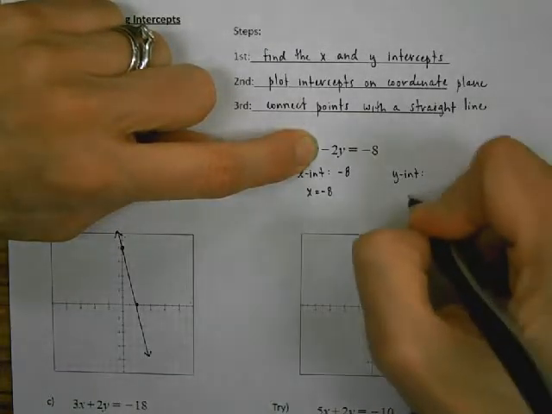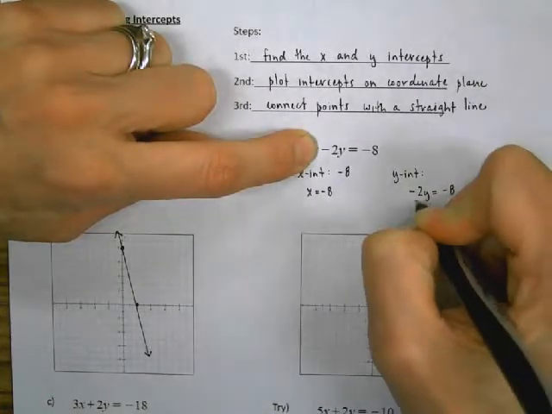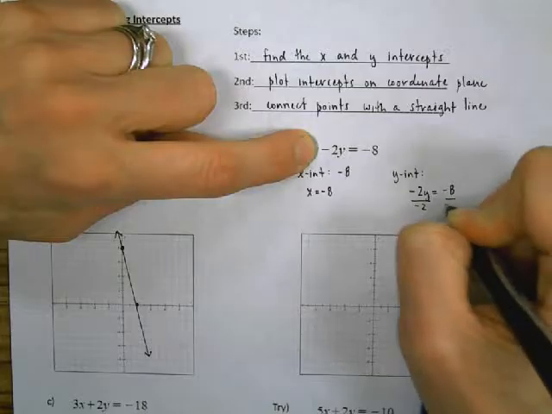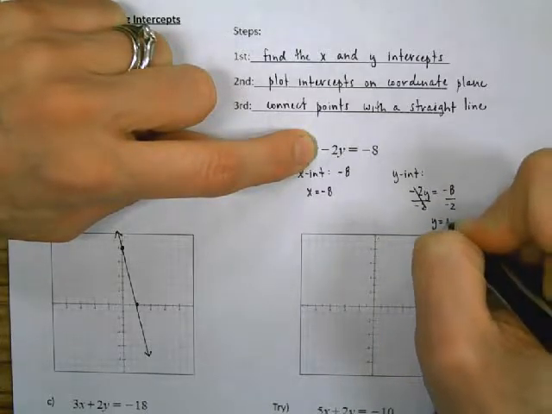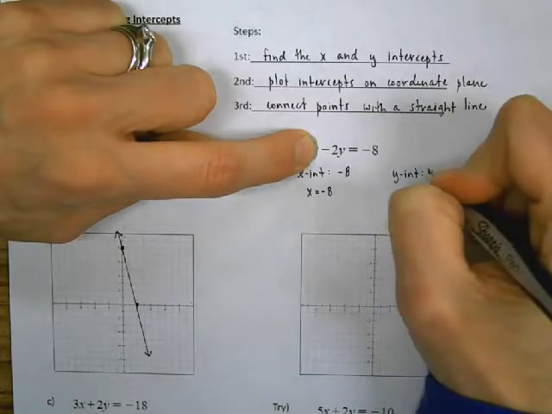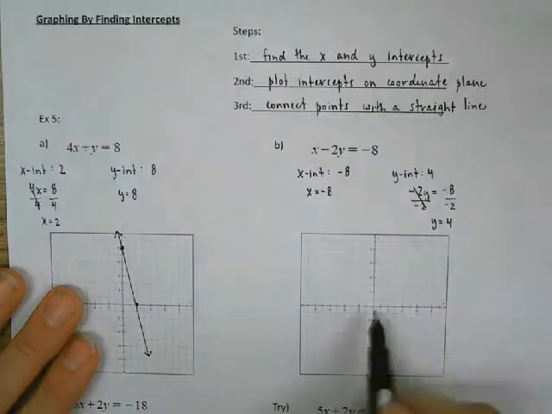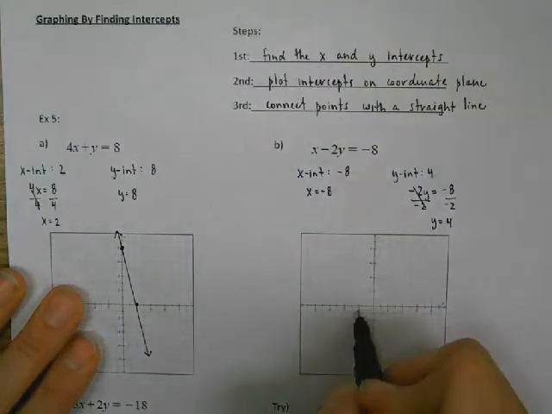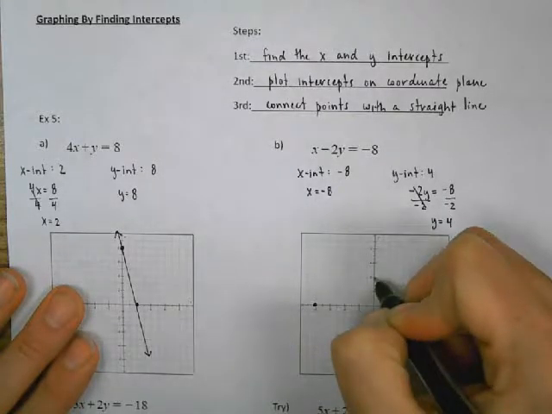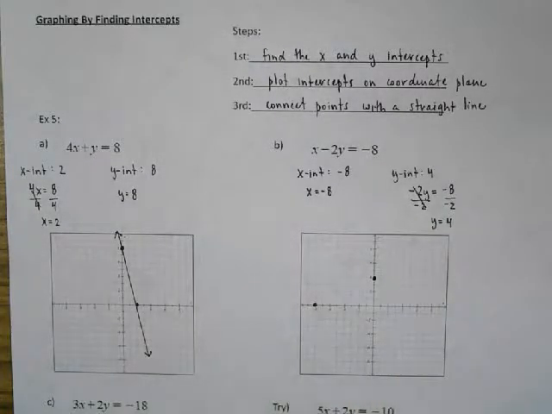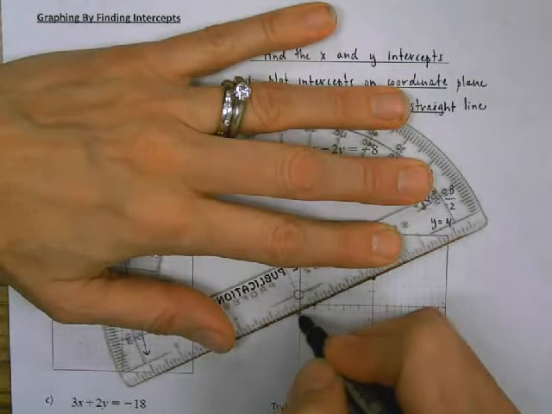I'm careful, I need to take my negative with me. So I have -2y equals -8. I'm going to divide on both sides by -2. And now I have y equals a positive 4. So my y-intercept is 4. So now my x-intercept is -8, so I'm going to go here to the left to -8. The y-intercept is a positive 4. And so I'm going to connect those points.